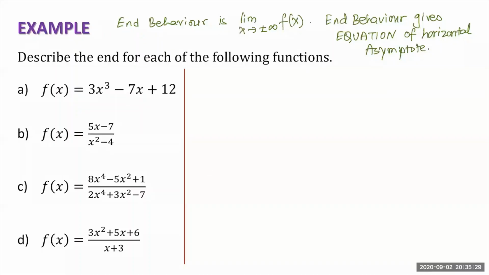Now part D. To find the end behavior, here also we'll calculate the limit as x approaches positive or negative infinity of 3x squared plus 5x plus 6 over x plus 3.